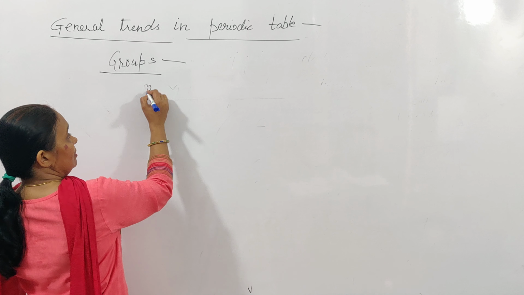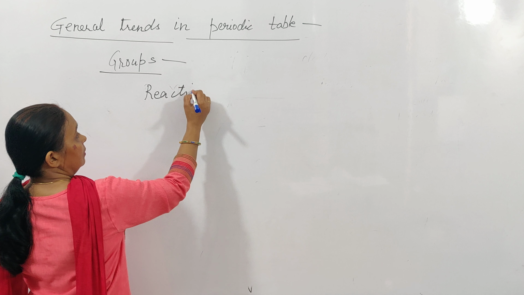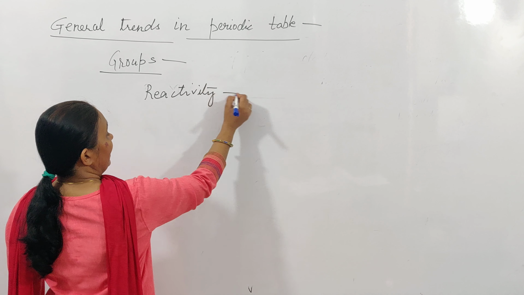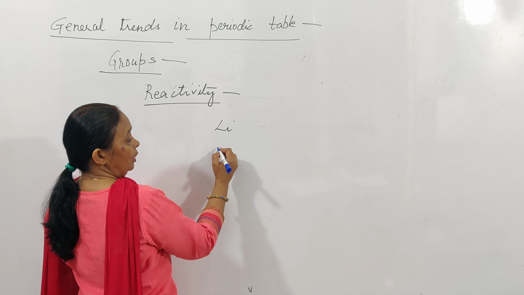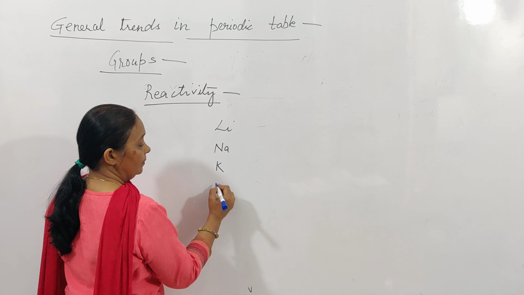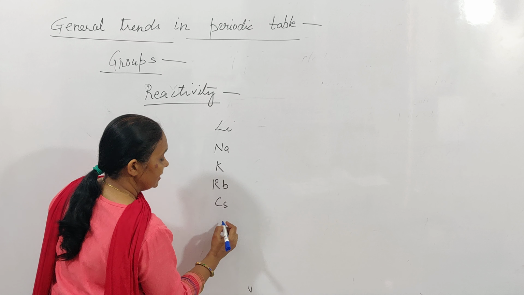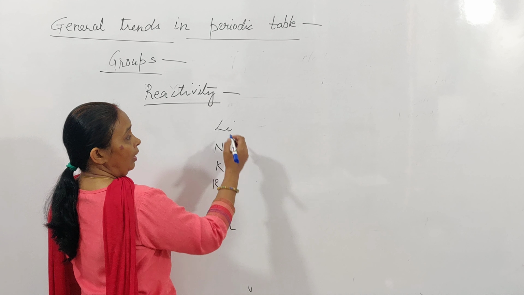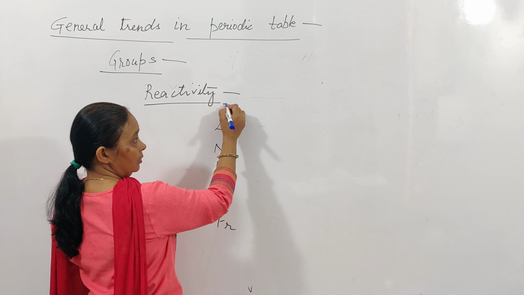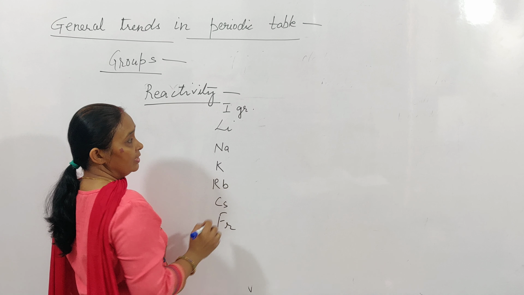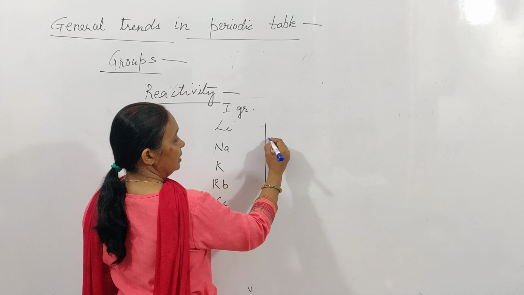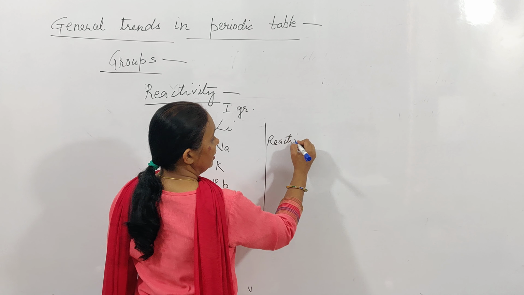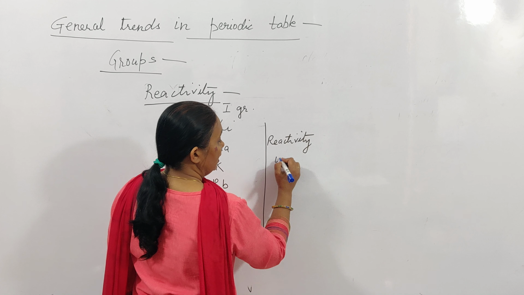In alkali metals, if you see the reactivity of the metals, start from lithium, sodium, potassium, rubidium, cesium and francium. In the first group they are kept. First group metals, as you move from top to bottom, what happens? Reactivity increases.